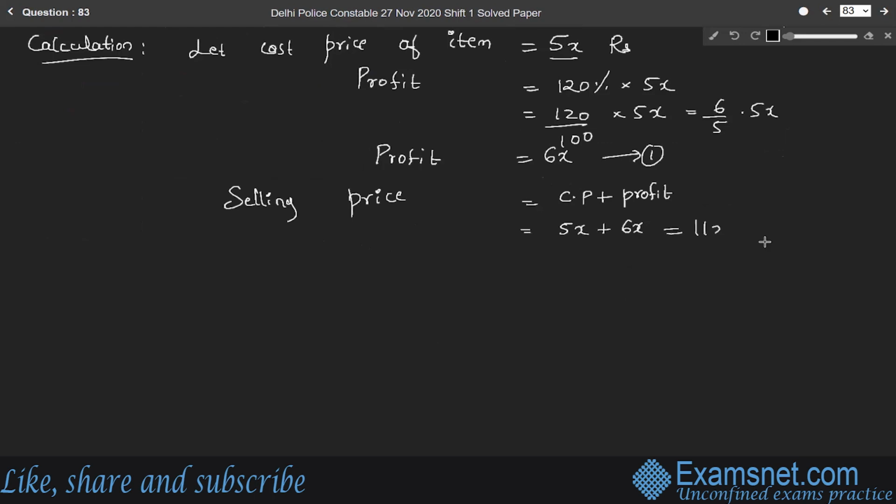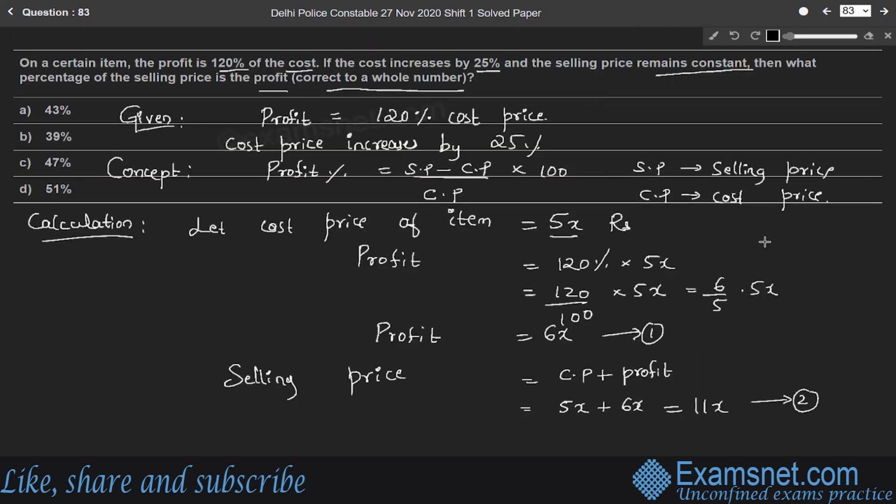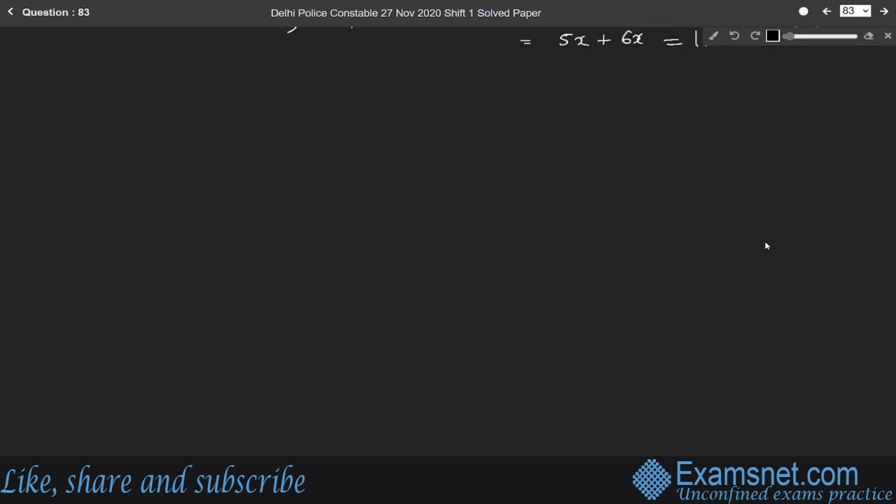So selling price is 11x. Right? So come back to the question. If the selling price remains constant and the cost price increases by 25%, then the new cost price becomes 25% of the old cost price plus the old cost price.